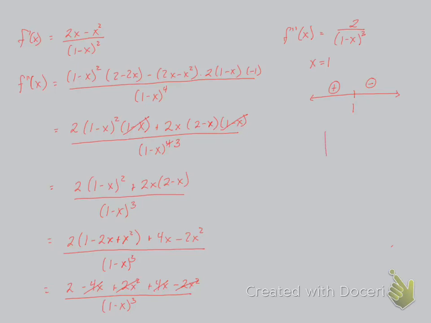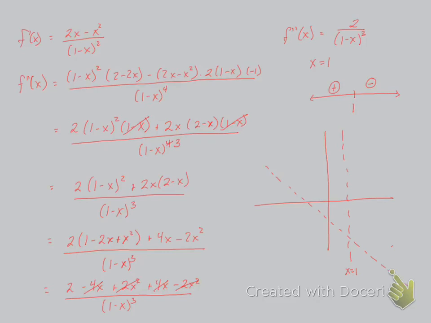So putting this all together, and I know some of it's on the other page, I had a vertical asymptote at x equal to 1. I had a slant asymptote at negative x minus 1, which is like that.